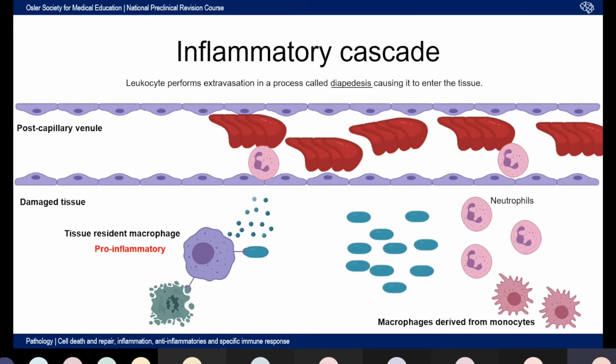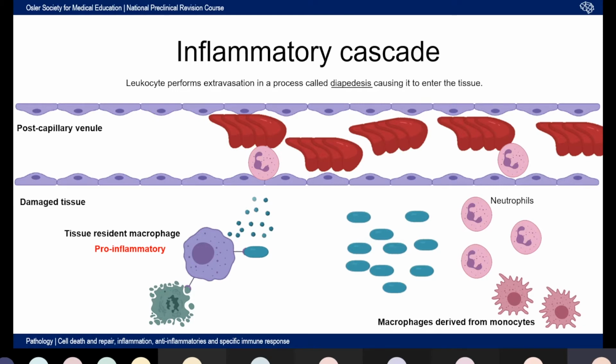But if you remember from your first term lectures, not all the cells that are found in the tissue are the same as the cells that are found in the blood. So for example, you don't really tend to find many macrophages within the blood as you do comparatively if you find them in tissues. Normally you find macrophages as monocytes.